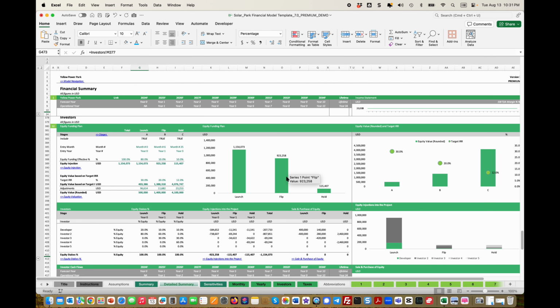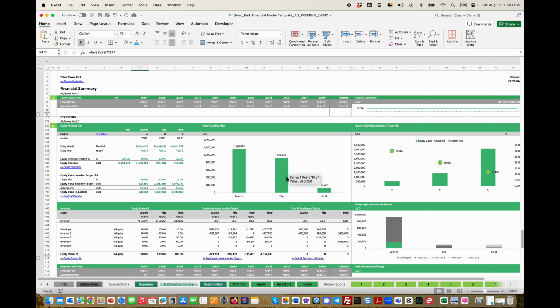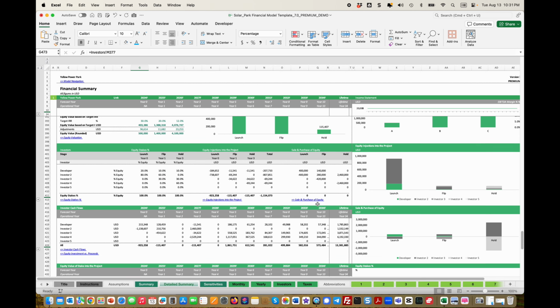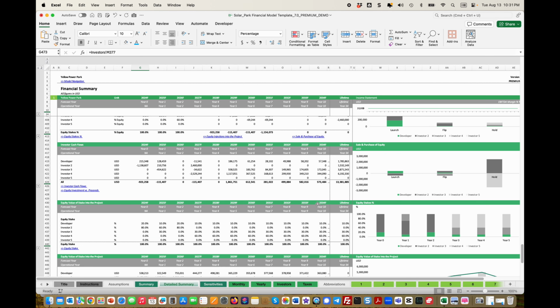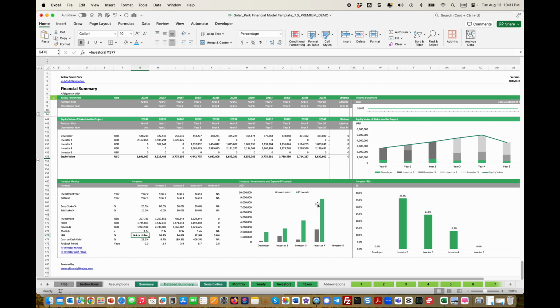And especially as a developer, we also want to figure out, is it a better idea to actually flip the park or just to keep holding on until forever? So that we know how all these scenarios will look like. And what we do then is we have different types of investors we could think of.